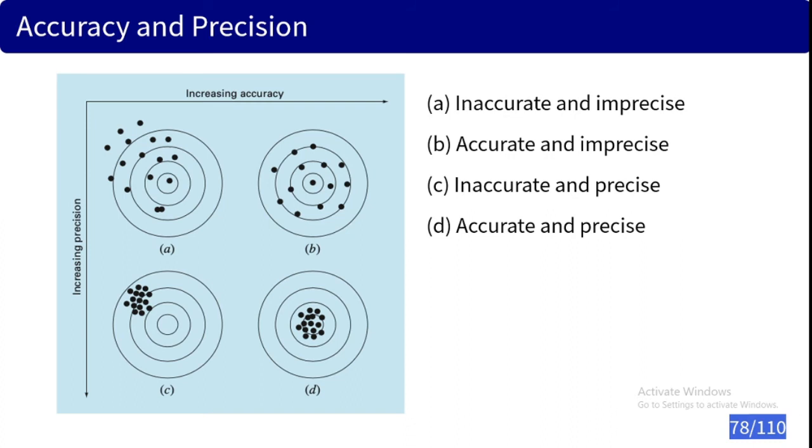Then the points that we see, these dots, represent the approximations. Okay. So by visual inspection, we see in A and B that the dots are scattered, while in C and D the dots are close to each other. Okay.